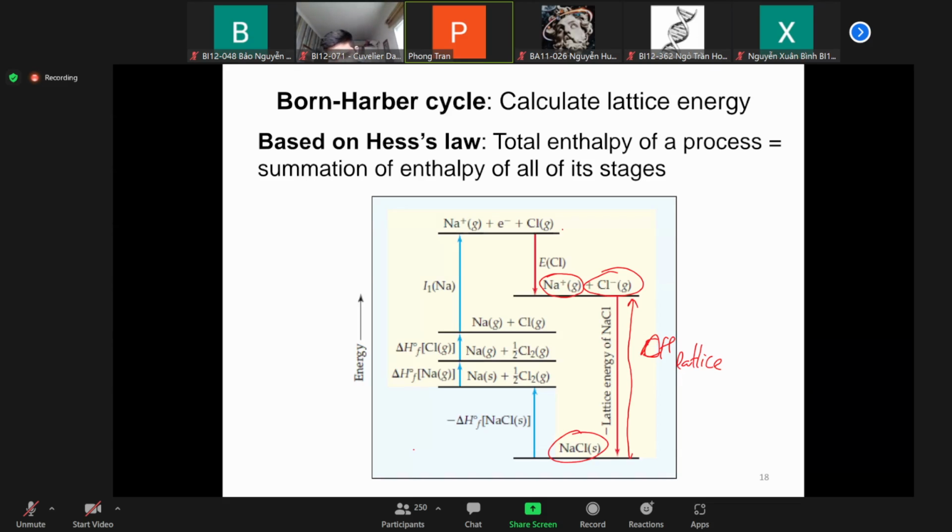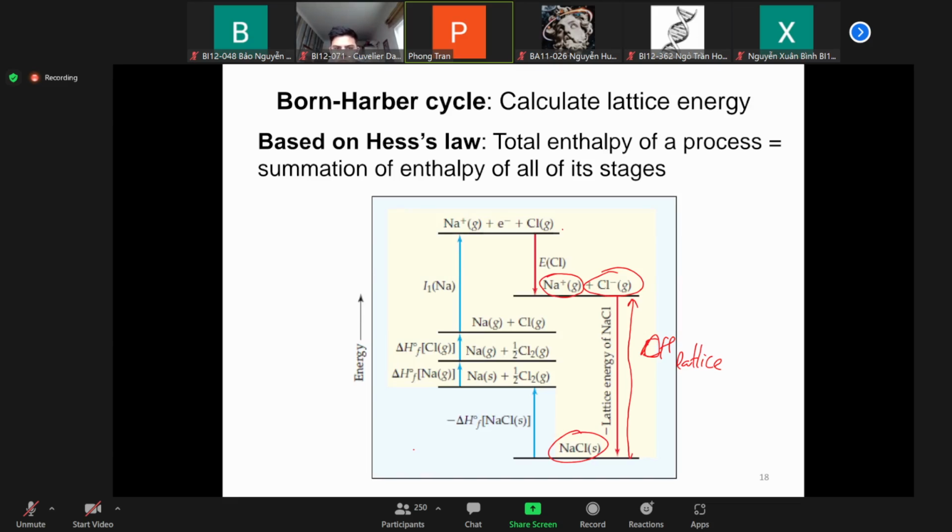We base it on the law of energy conservation. The law of energy conservation says that energy will not be produced or consumed, but can only convert from one form to another.